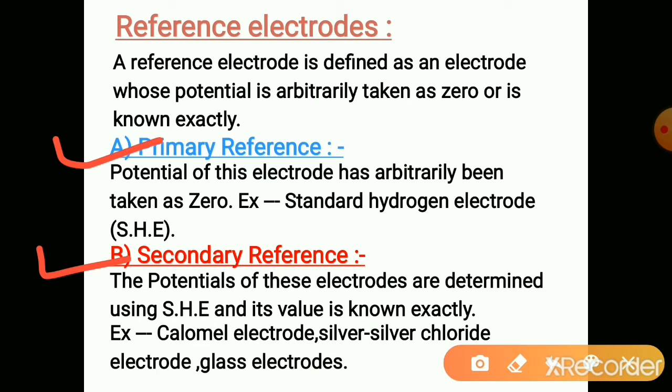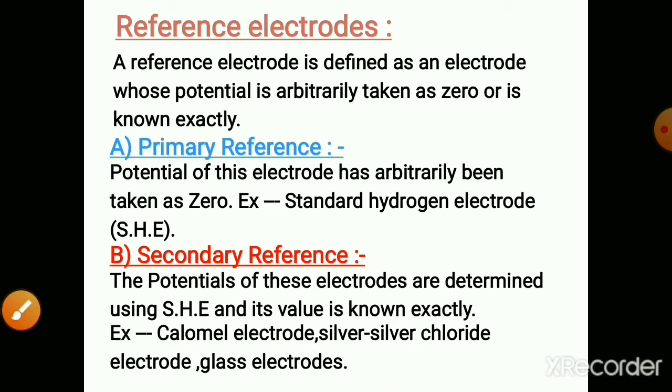The primary reference, that is SHE, is not very convenient to use, so other electrodes are used, such as the calomel electrode, silver chloride electrode, and glass electrode.